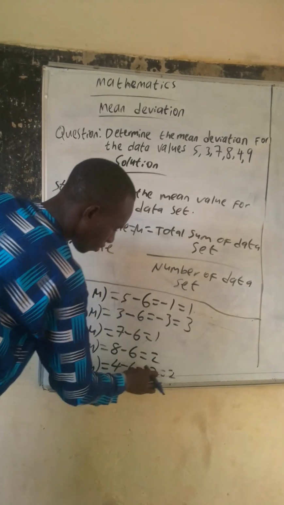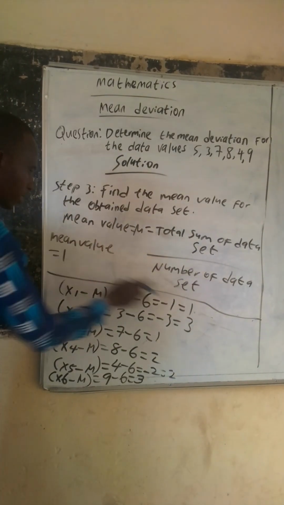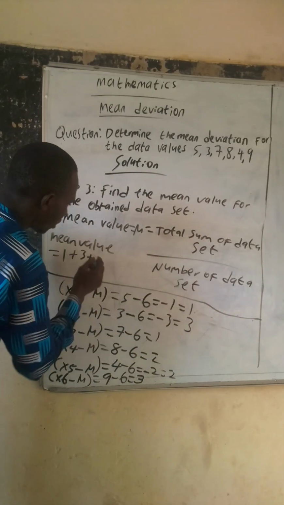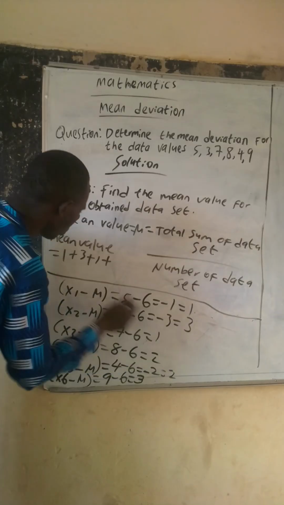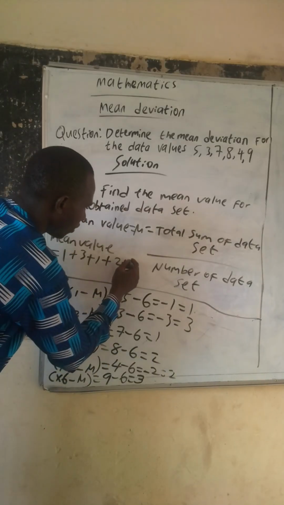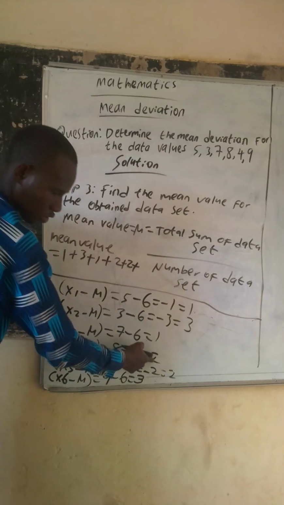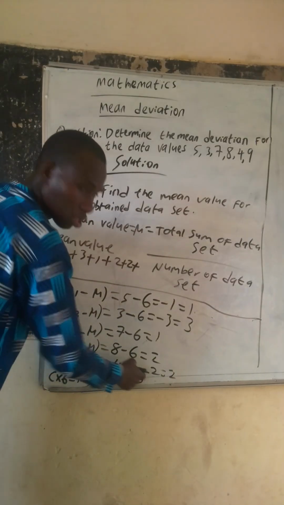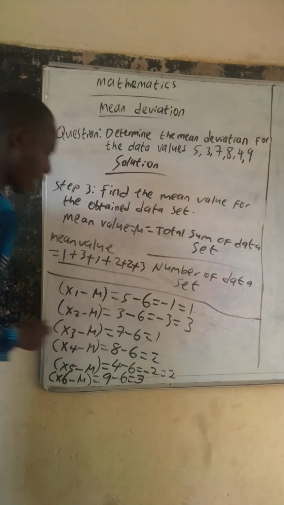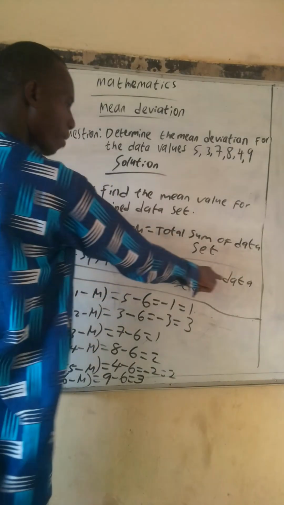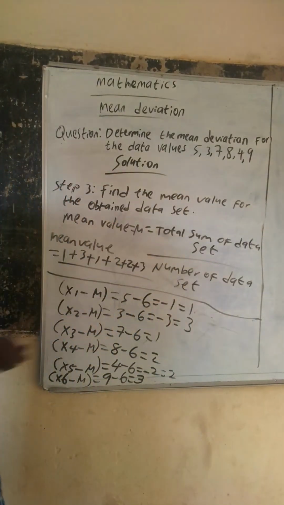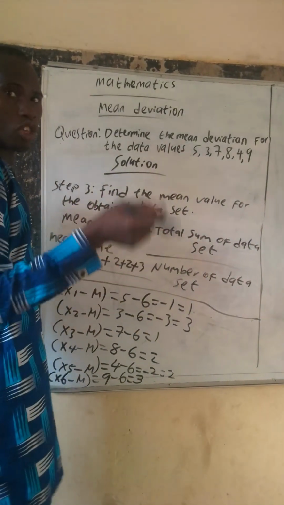So we have 1 plus 3 plus 1 plus 2 plus 2 again, since 2 appears 2 times, plus 3, divided by the number of data sets, which is N. From the beginning, I told you N was 6.